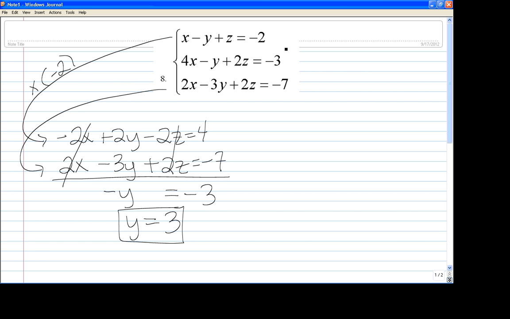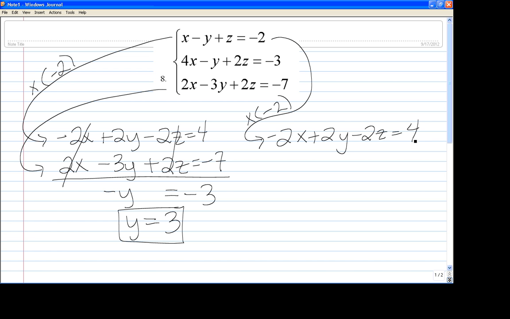Okay, so in this next part, I'm going to use another pair of equations. I can take this first one, and again, multiply that by -2. Again I will get -2x plus 2y minus 2z equals 4.